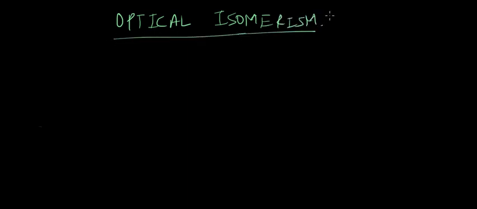Let us first discuss the important terms in optical isomerism, which we are going to use frequently. The first is chiral center.